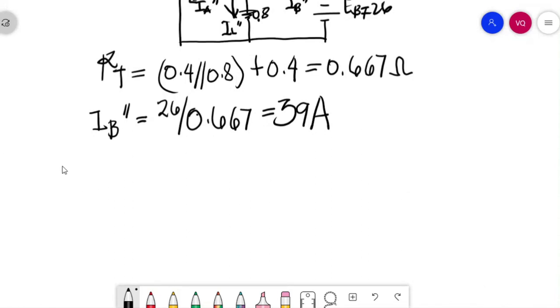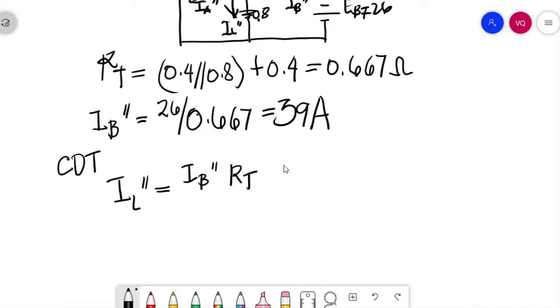So CDT, IL na lang. So IL double prime is equal to total current, which is IB double prime, multiplied by RT. Our RT here is not equal to the RT nga na-solve tayon.